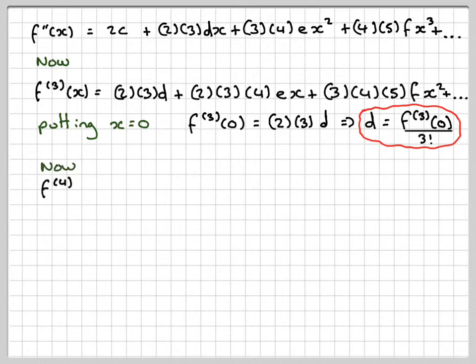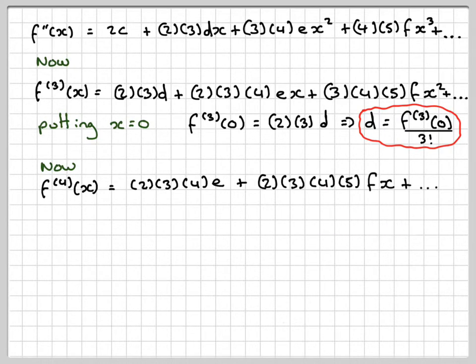Okay, differentiating again, this term will disappear because it's a constant term. We're just going to get 2 times 3 times 4 times e, and then 2 times 3 times 4 times 5 fx, and then it will carry on with all the other terms.